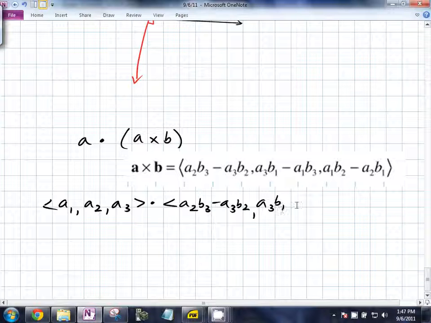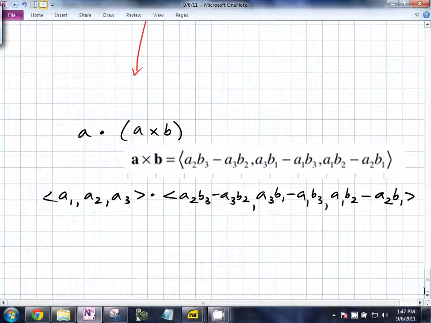Please make sure I don't make a copy error. So when I actually dot these out, what should happen to the 6 terms? All cancel out. They will. I will tell you that they will cancel. Are you okay with taking that on faith?